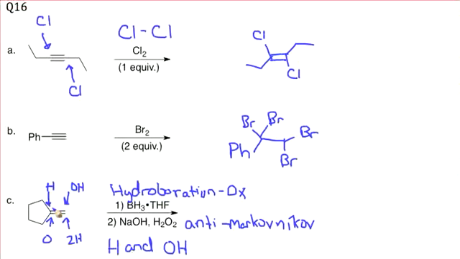This goes from an alkene to an alkane in the final product. So we draw our cyclic ring. This now becomes an alkane. A hydrogen is added here. An OH is added there. And that's the answer.